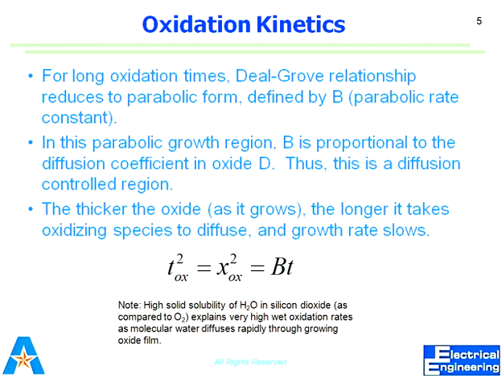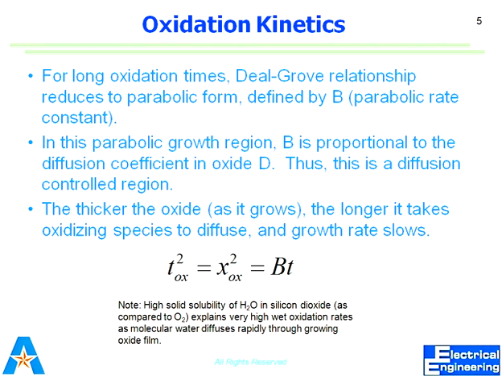We take the value of B from the table, but we must not think that A is the linear rate constant. B over A is the linear rate constant. So you have B, you have A, you will have to divide those two values to get your linear rate constant. Don't use that A directly to find your thickness. A is not the linear rate constant, B over A is the linear rate constant, and B is the parabolic rate constant.